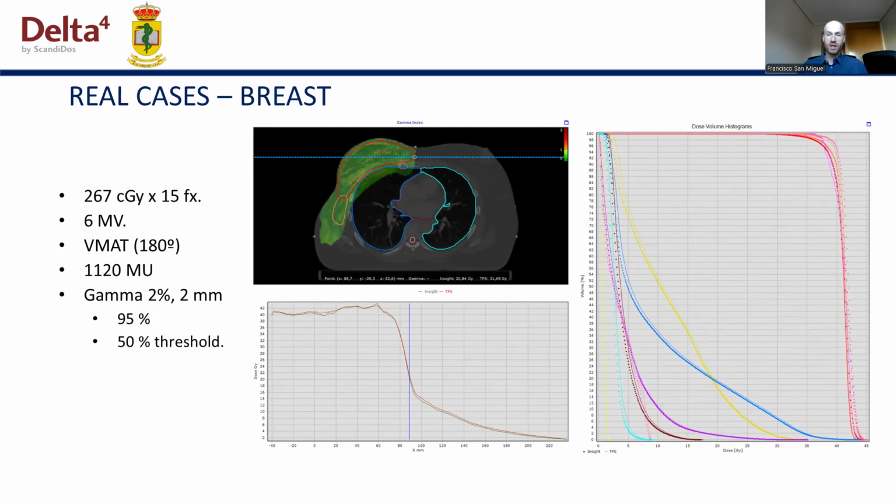Using the 2% 2 mm gamma criterion again, the result was, in this case, just 95%. Moreover, although the dose volume histograms remain broadly similar, slightly larger discrepancies can be observed compared with the previous cases.